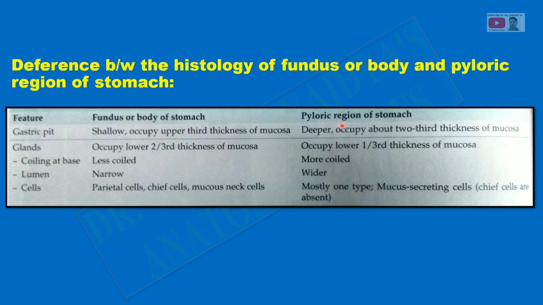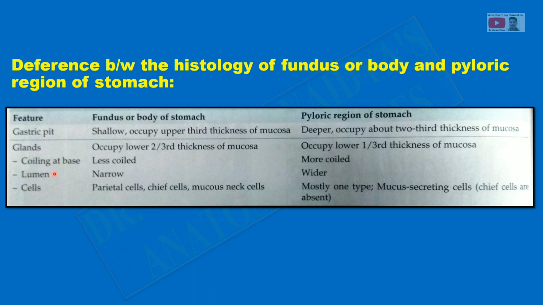But in the pyloric region of the stomach, they are deeper and occupy about 2/3 thickness of the mucosa. If we talk about the glands, they occupy the lower 2/3 thickness of the mucosa, and in the pyloric region they occupy the lower 1/3 thickness of the mucosa. The gland coiling at the base is less coiled, but in the pylorus it is more coiled, as we have already discussed in our previous slide.